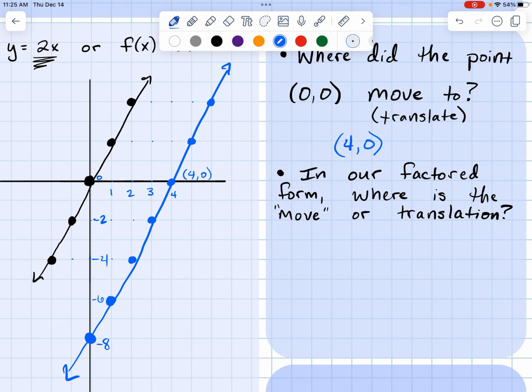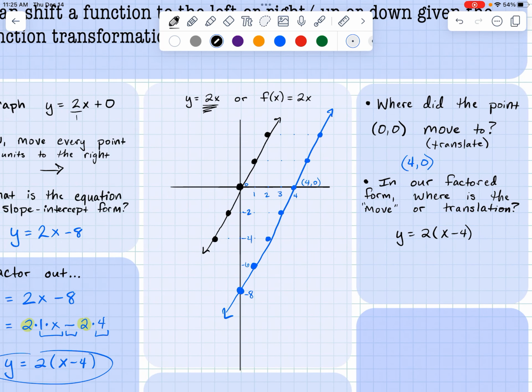All right, so in our factored form, where is this translation or this move? So what this is asking us is, in our factored form, y equals 2 parentheses x minus 4, where is our move of 4 spaces?